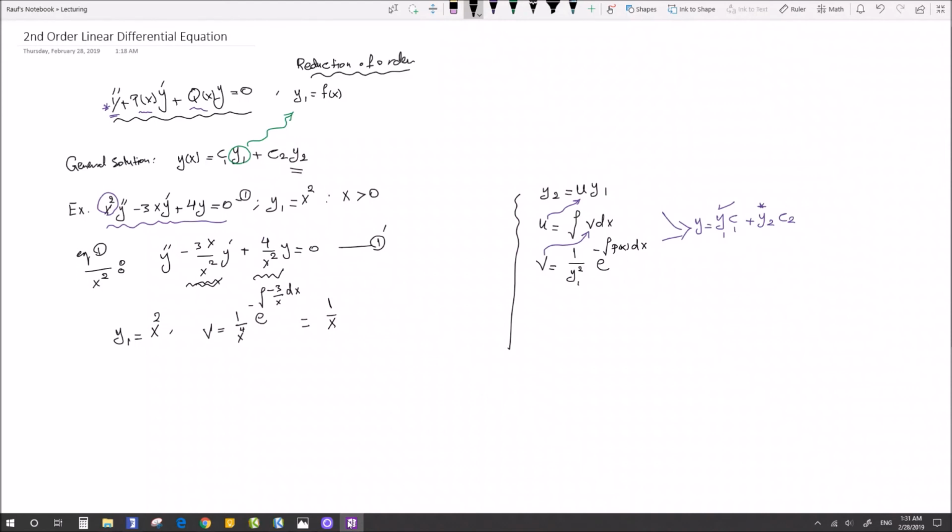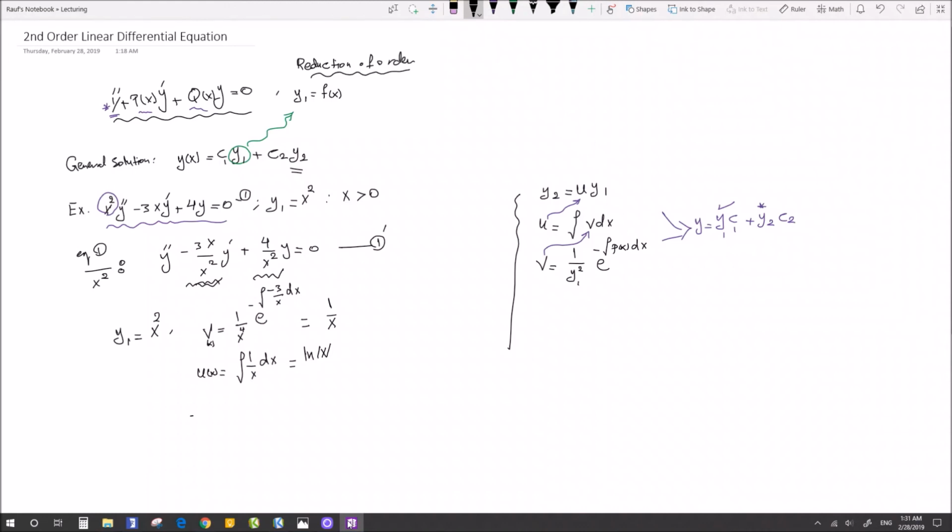Okay, now we can find u, which is u of x. U of x in this case equals the integration of v, which is 1 over x dx, and this gives you ln the absolute value of x.